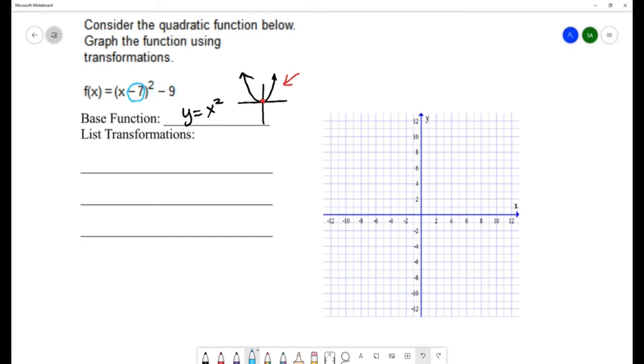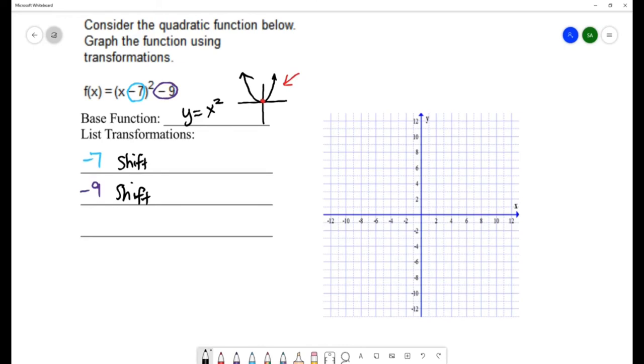Maybe I should put those in different colors. So the minus 7 and minus 9, they are both in the category of shifts for this transformation. And the reason why I know they're shifts is because shifts will happen whenever you add or subtract to your base function. So we have minus 7, that's subtracting, and minus 9, subtracting.